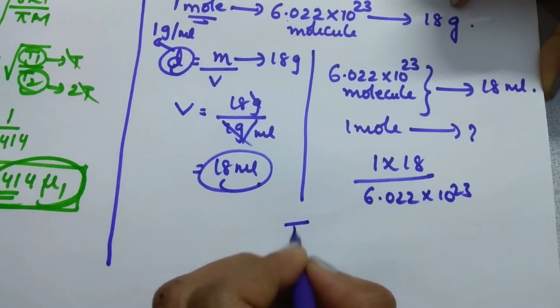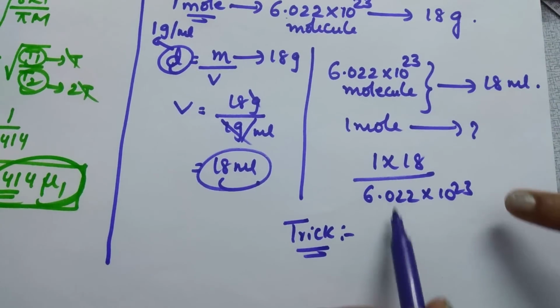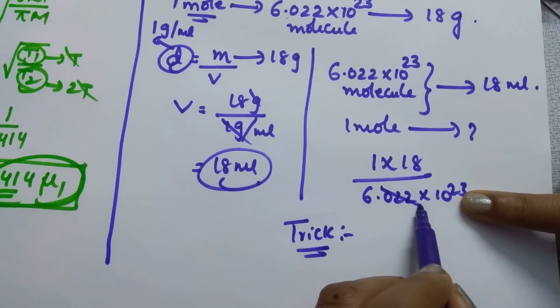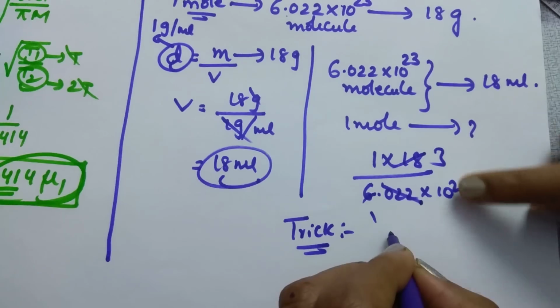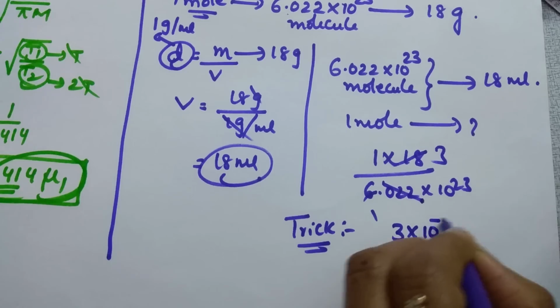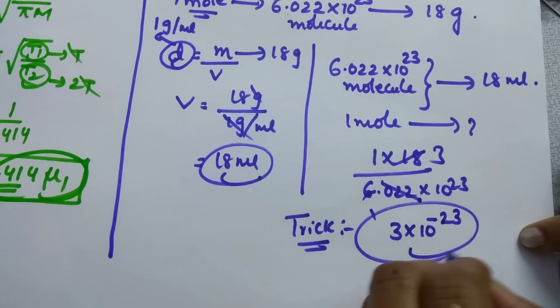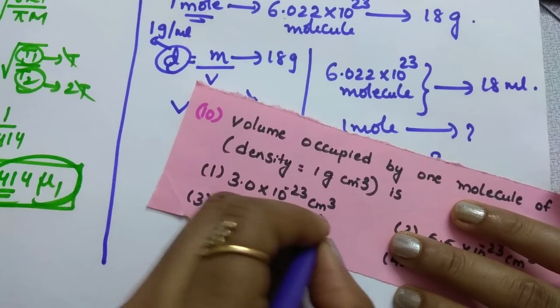I'll tell you a small trick to solve this question. Whenever you see this, don't feel that this is a very big calculation. Neglect this term, then directly do 18 by 6, that is 3. Then 3 divided by 10 power of 23. If it goes up, 3 into 10 power of minus 23 is your answer. So what is the answer here? 3 into 10 power of minus 23.